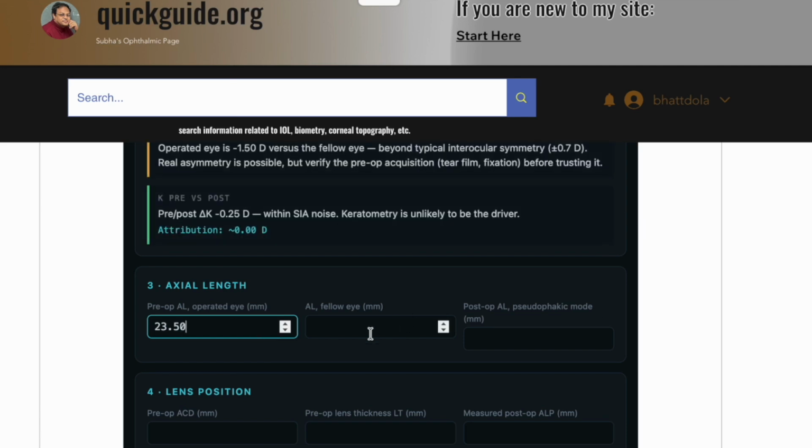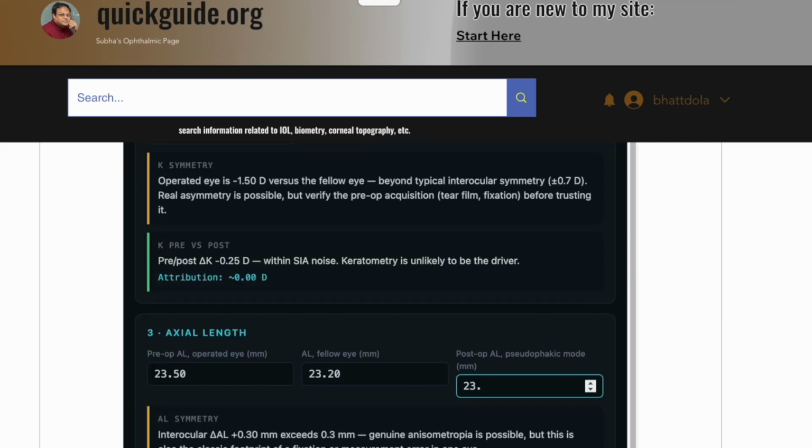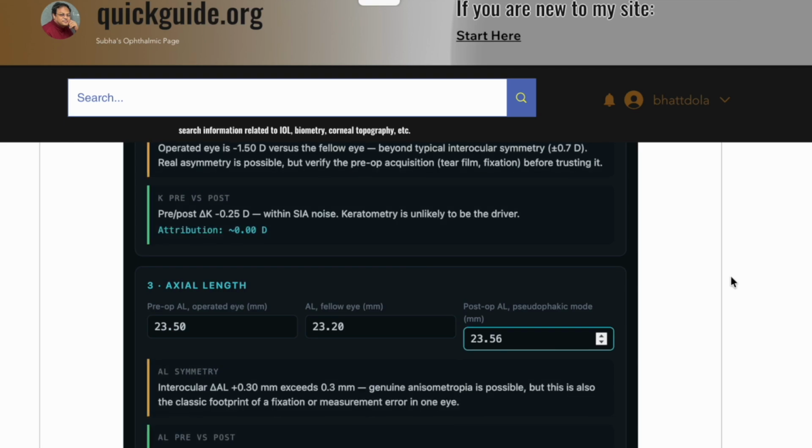23.50. Say, for example, the axial length postoperative is 23.20, and postoperatively you find that the axial length is, say, 23.556. So what it is saying, it is first going to see the two-eye asymmetry, whether your preoperative operated eye axial length is matching the non-operative eye axial length, and it says that there is a large asymmetry between the two.